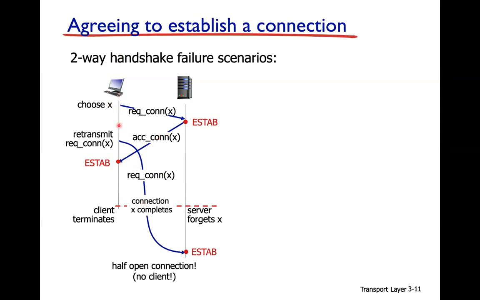Then when this new connection comes, actually this is not a new connection, it is just a retransmitted connection request, the server has forgotten this X, because it's already closed, terminated. So this is a half-open connection, right?